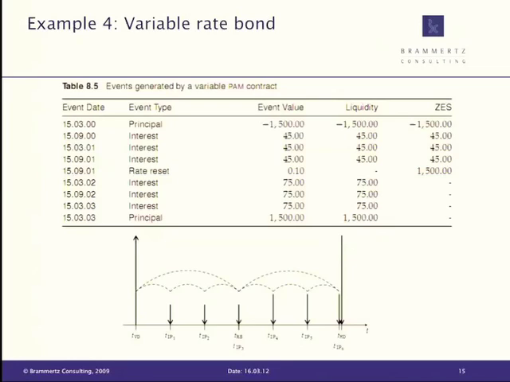And that gives you the idea of the difference between CES and liquidity. By the way, this is also a simplification. As soon as you have a spread, it becomes a bit more complicated, but we keep it simple at this time. So you see, all the follow-up events after the resetting date have 0 CES.